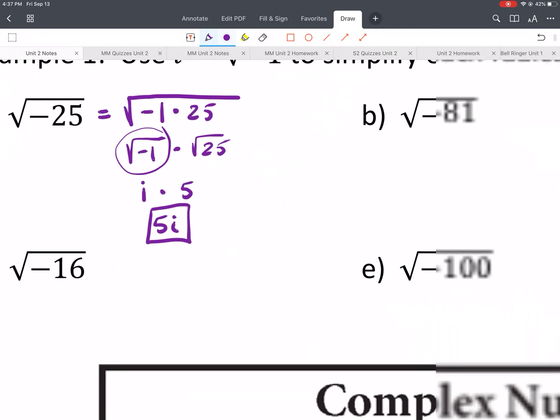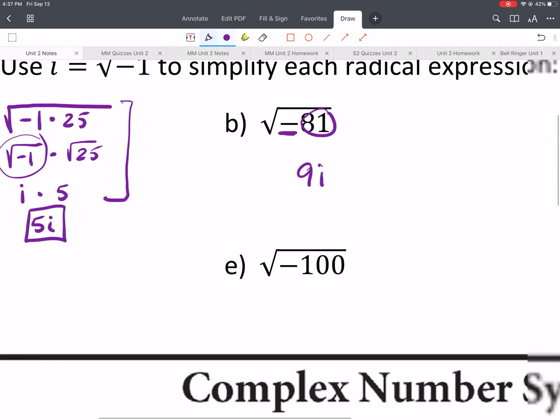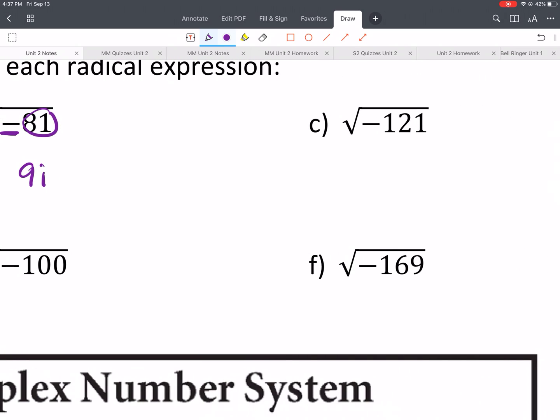Going on, I wouldn't require you to do this part, but you could just say the square root of 81 is 9, and we have a negative inside, so we're going to have an i. Again, this would be 11i.